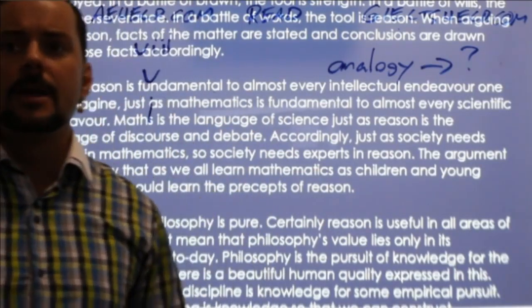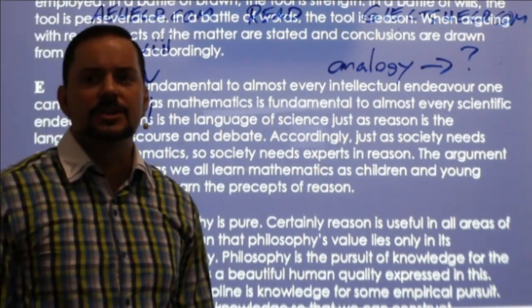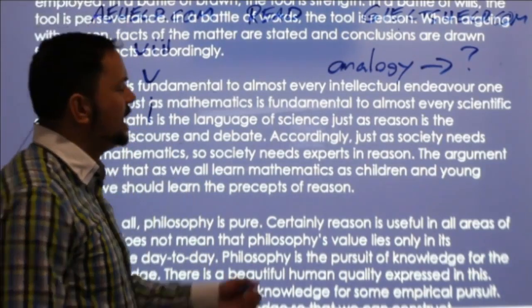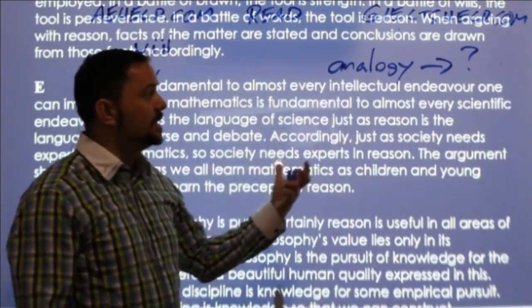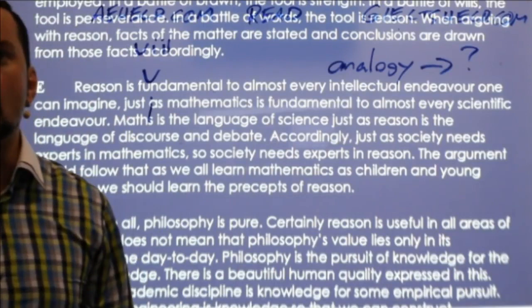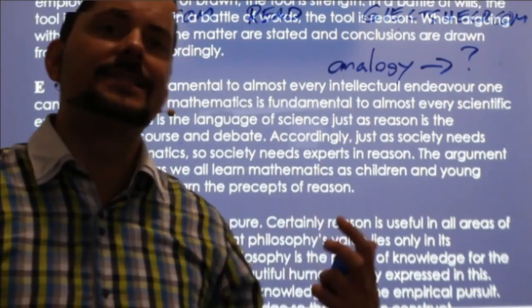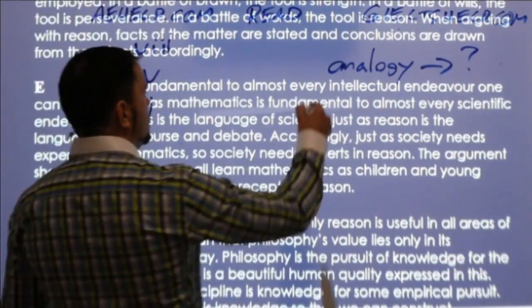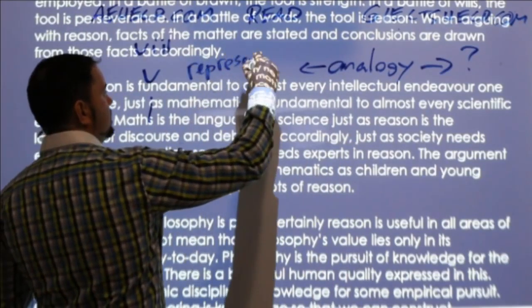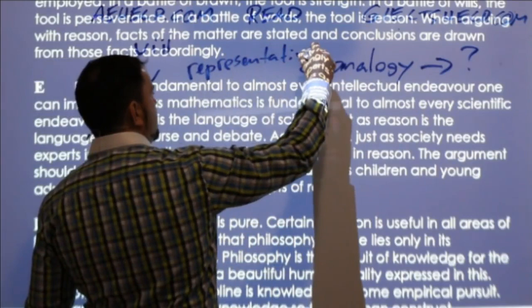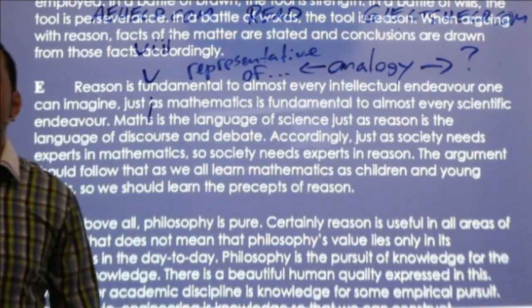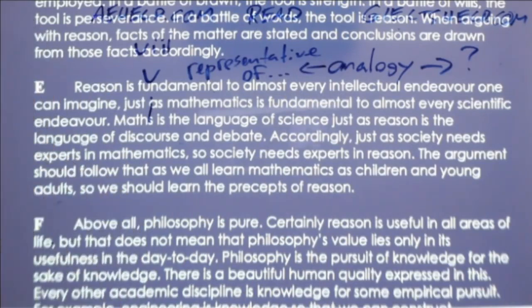Okay. That's good, Rajveer. So Rajveer Singh says it's the similarities in reason and math. Yeah, exactly. Analogy in this sense means the likeness or the similarity. Okay, so it's somewhat synonymous. Yeah, it's a representative of. Okay, the definition of analogy would be representative of another. Okay. Parallels, Amanur, very good, yeah.